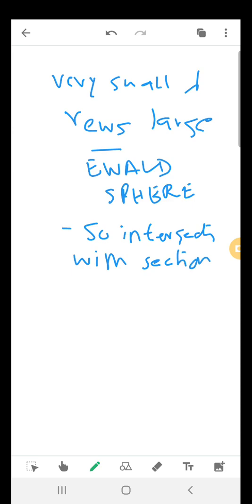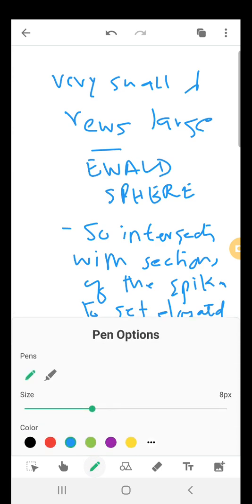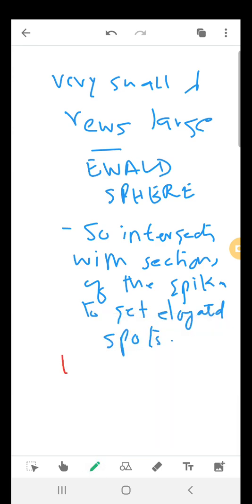By elongated spots, I mean like this. Usually spots are like this, but we are getting spots like this.